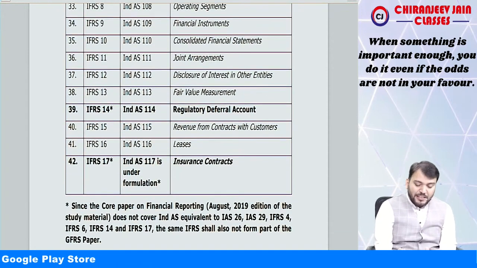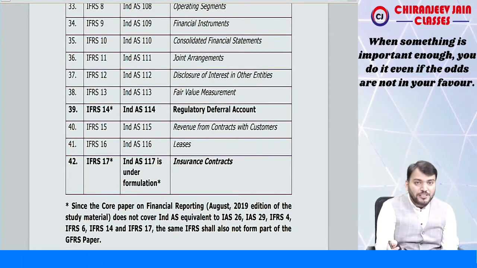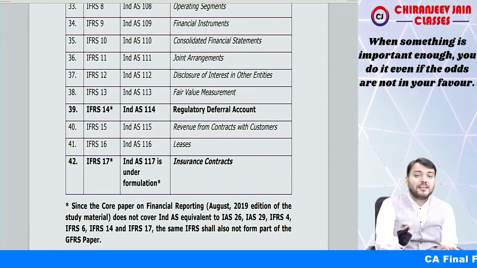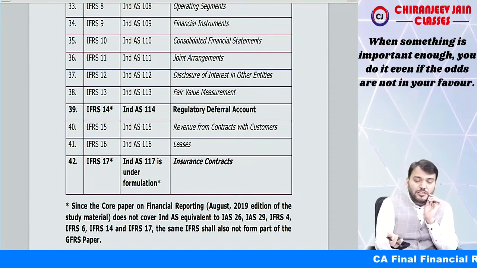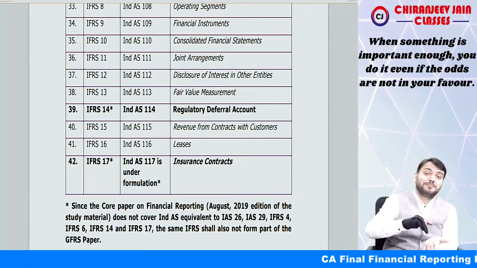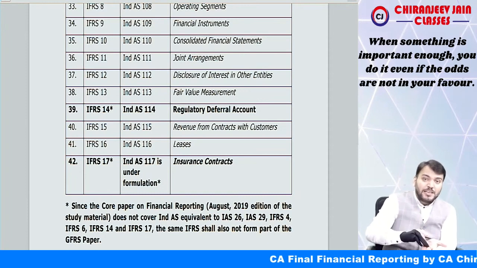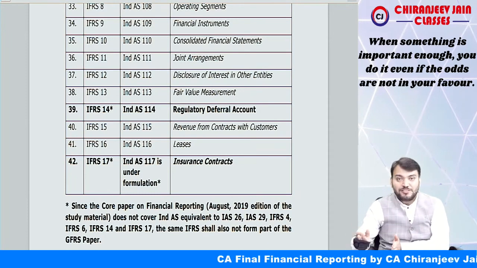IFRS 6, Ind AS 106, exploration for and evaluation of mineral resources, is also not in our syllabus. And IFRS 14, Ind AS 114, regulatory deferral accounts, is not in our syllabus either. And IFRS 17, insurance contracts, till now is under formulation, so it is not yet effective. So of course it is not a part of the syllabus, but once it becomes effective, once it is formulated, of course it will be a part of the syllabus, correct?